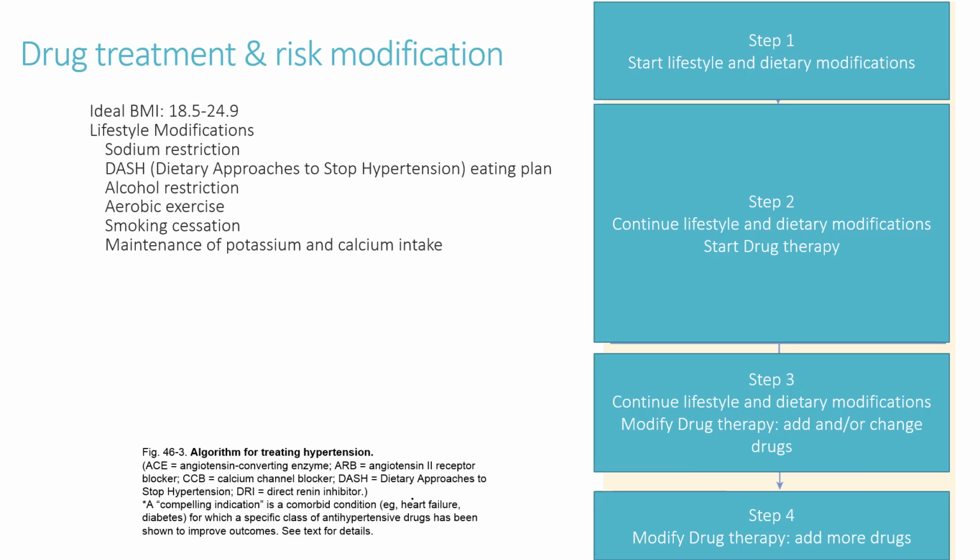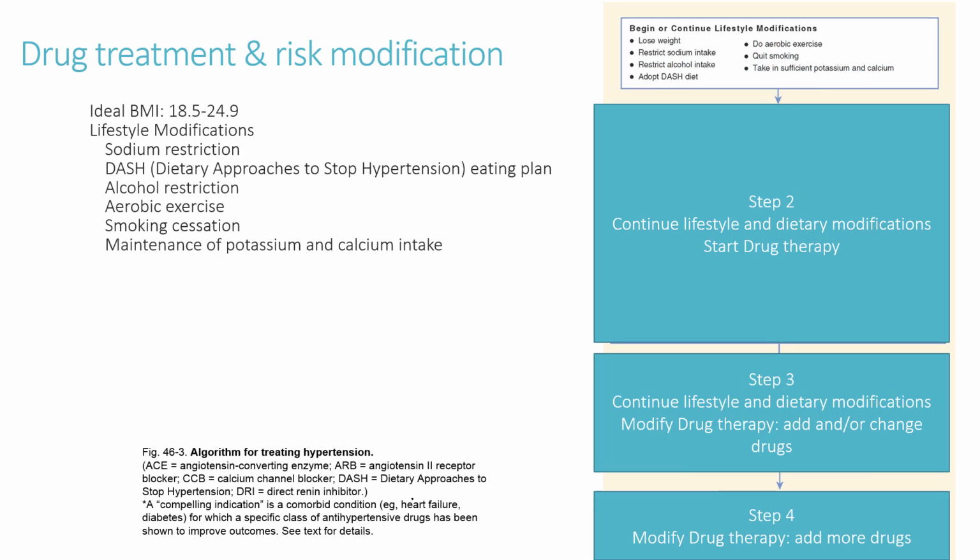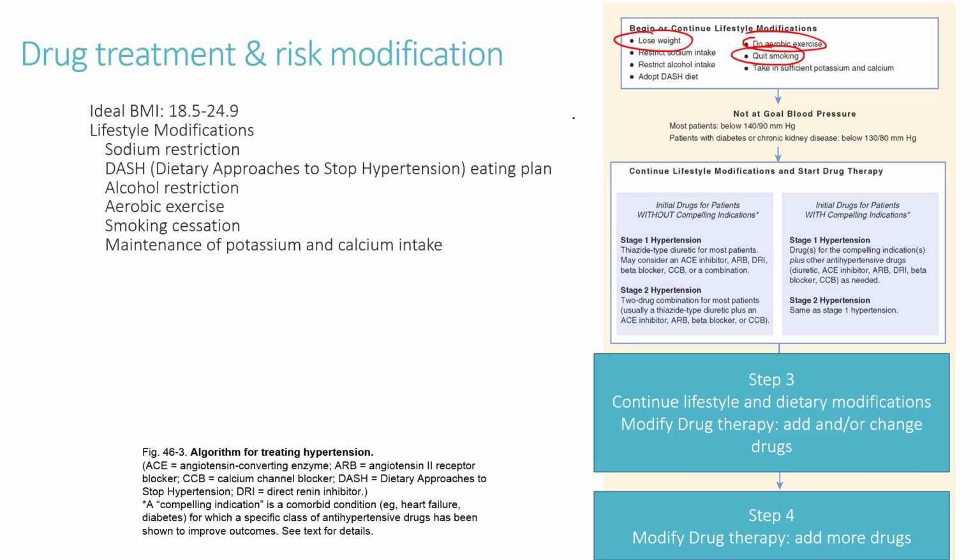So in terms of drug treatment and risk modification, you've got here just the various steps, right? Step 1 is lifestyle and dietary modifications. So again, not very exciting: encouraging the patient to lose weight, to take up exercise, to quit smoking, and to modify their diet, right? And then step 2 is when the dietary modifications don't quite work, and so you start on drug therapy.